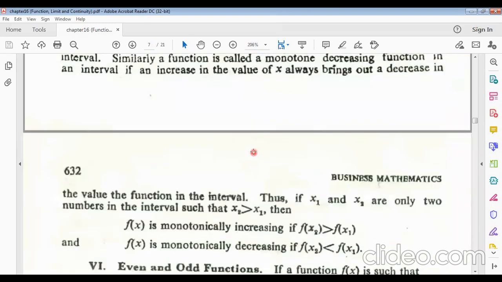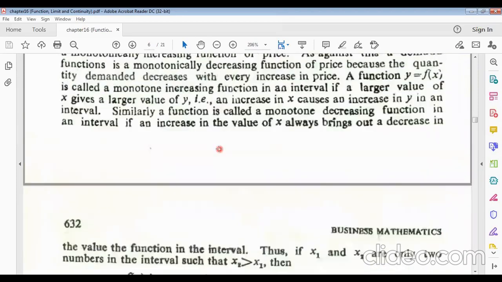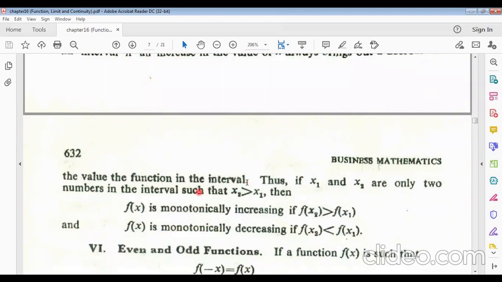Now, monotonic function, what will it be? A function is called monotonically decreasing in an interval if an increase in the value of x always brings out a decrease in the value of the function in the interval.